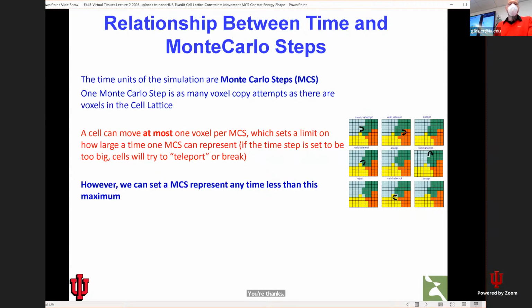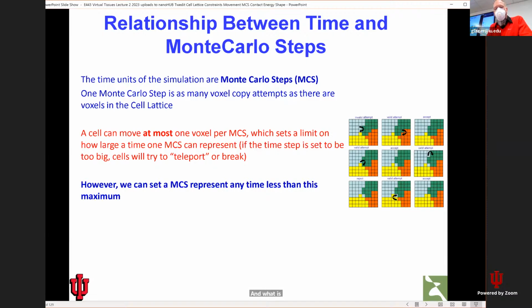Okay, one of the things that we are going to run into in computational modeling is a question of what timescales are. You'll see the rather mysterious term Monte Carlo steps used a lot in simulations. And what is one Monte Carlo step?